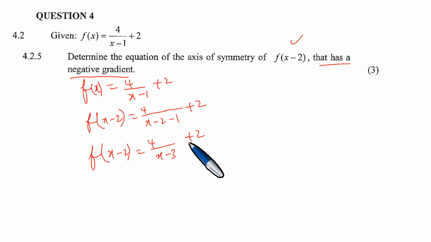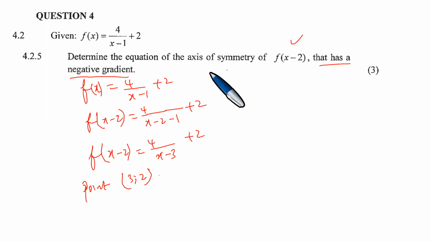So you have the point. There is a point that is going to have 3 and 2, so x and y, where the asymptotes intersect.